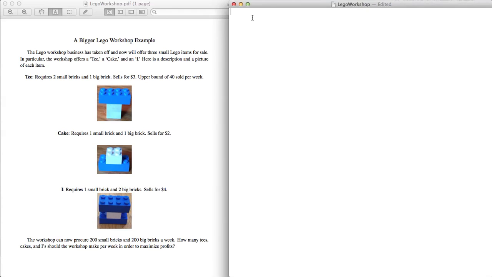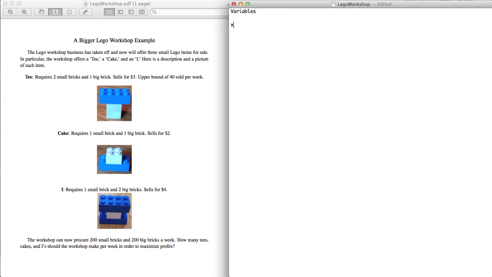So we'll start with modeling this problem. We'll start by defining the variables. We can also call them decision variables. They're mathematical representations of the decisions we are going to make. In this case, we're going to define 3 decision variables, 1 for each possible item.